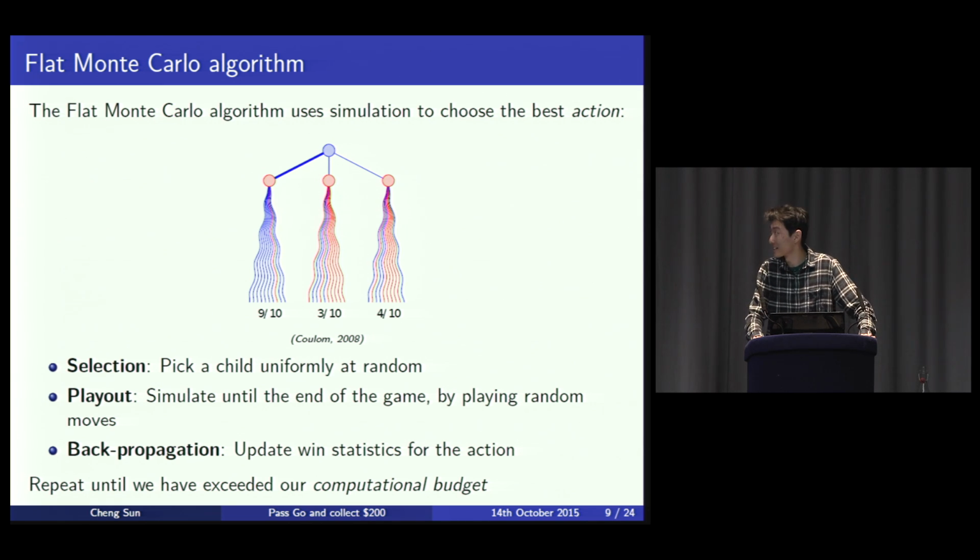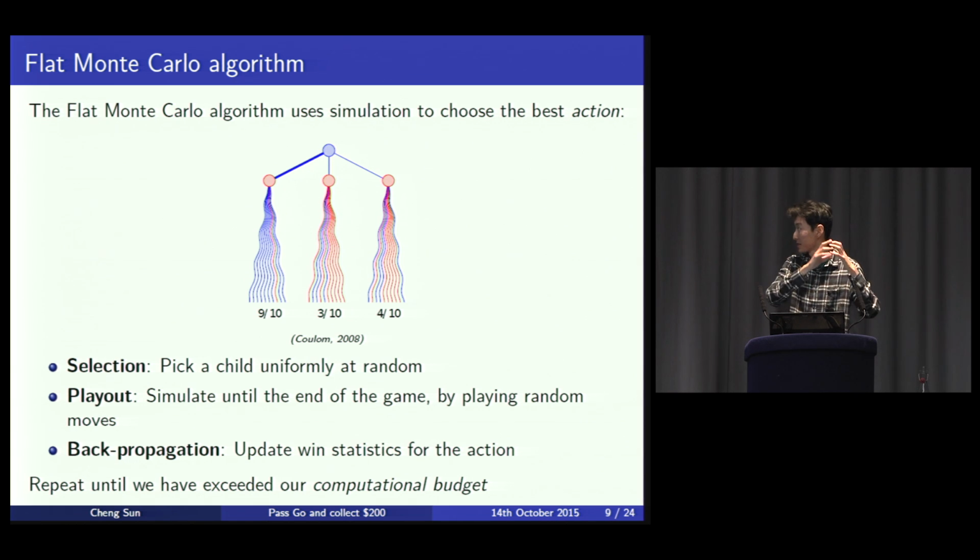So this immediately gives rise to our first search algorithm. Well, it's not really a search algorithm, but it gives us an action which is deemed good to play from a root position. So this is the flat Monte Carlo algorithm. You have a position at the root, and you want to find out which of, say, 3 actions is best. So you pick a child node from these red nodes at random, and then you perform a playout, which is just one of these random simulations.